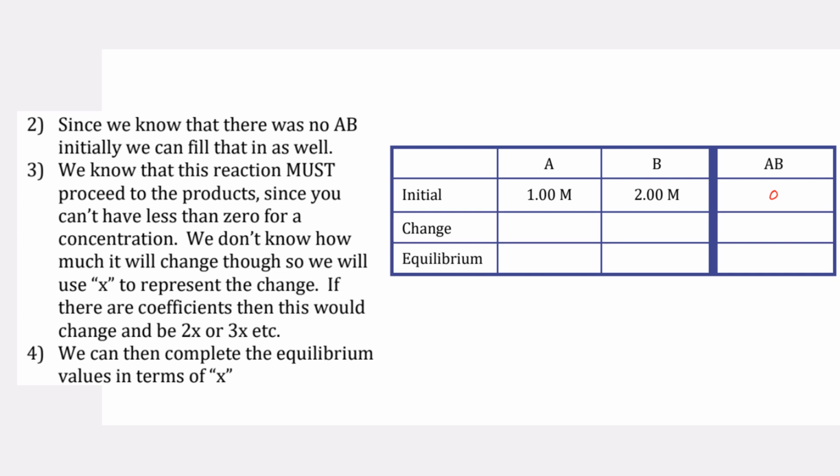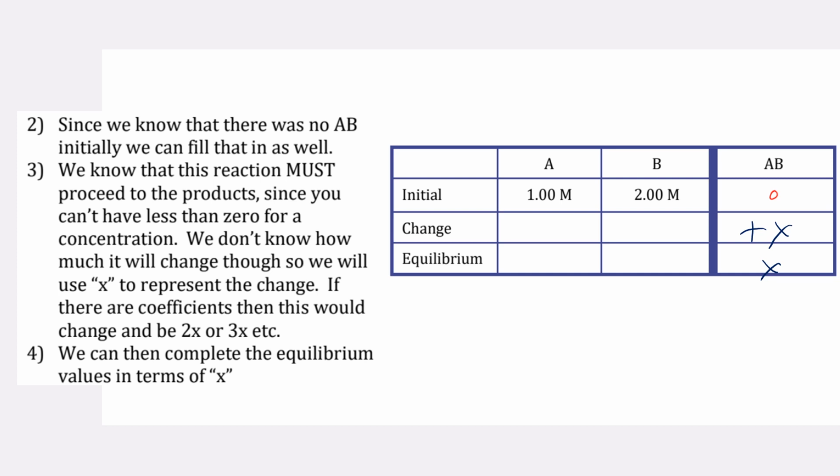Since we know that we have some reaction going on, based on my K value, and it's considered small, we know that some product is being formed. And since we don't know much else about it, we can assume that it is going to increase by x to make our final equilibrium concentration.